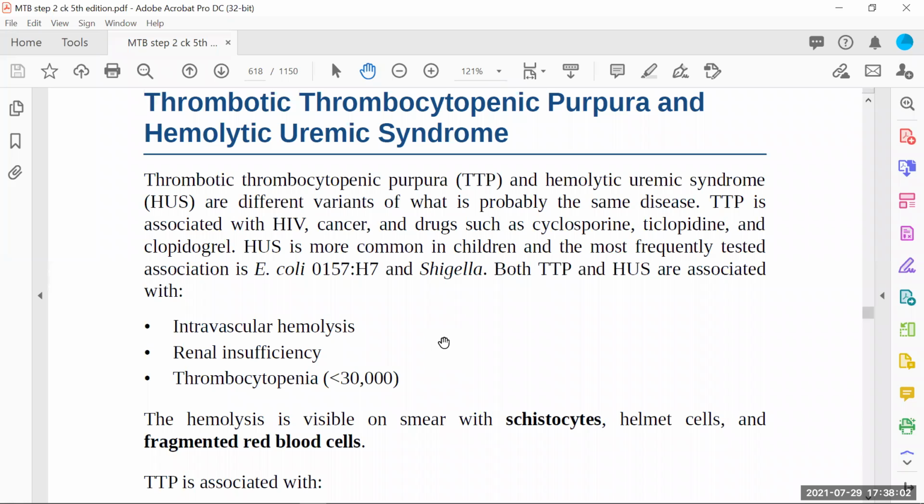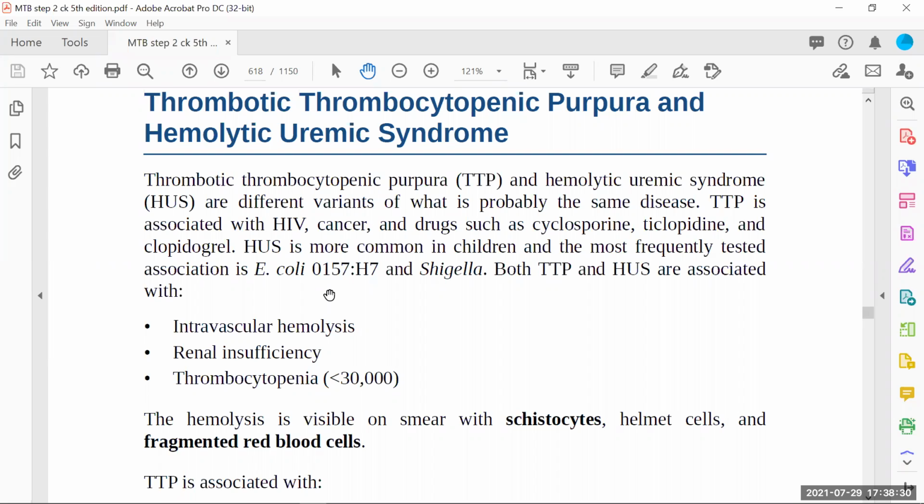If there is any association of organism, especially two organisms, E. coli and Shigella, once the infection is there, you will see that the patient has developed intravascular hemolysis, the renal system is compromised, and the platelet counts are low. So that's a triad of three things.